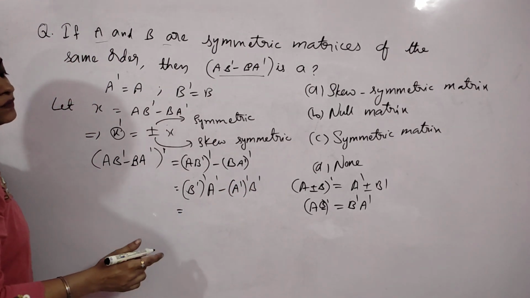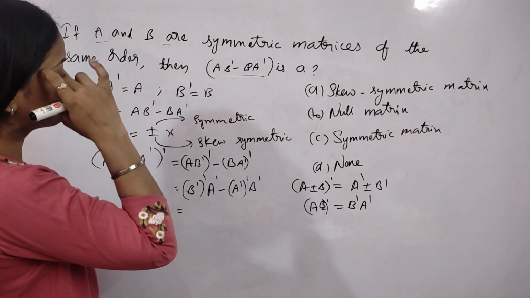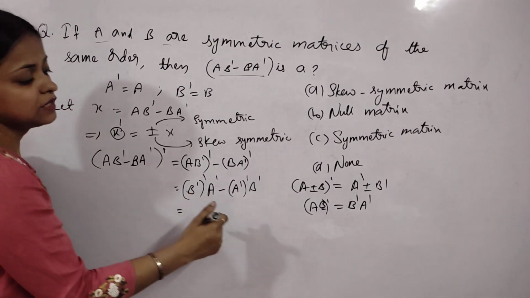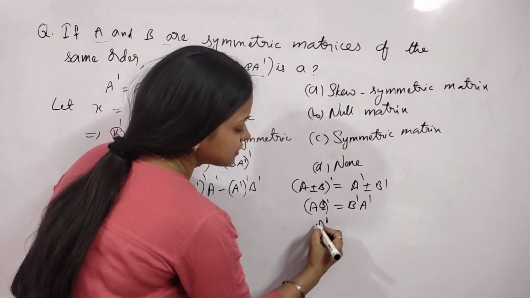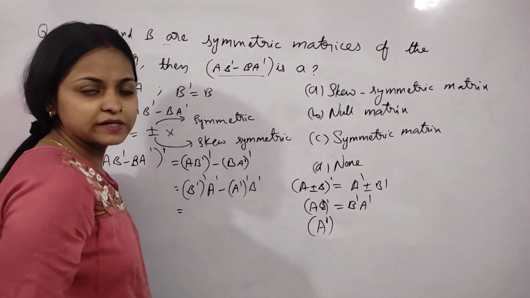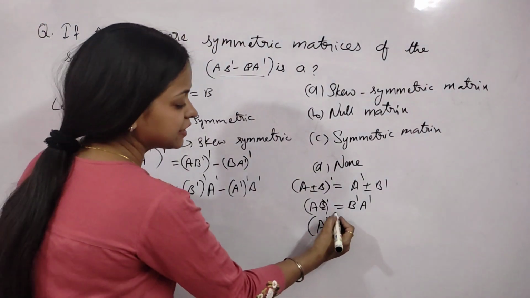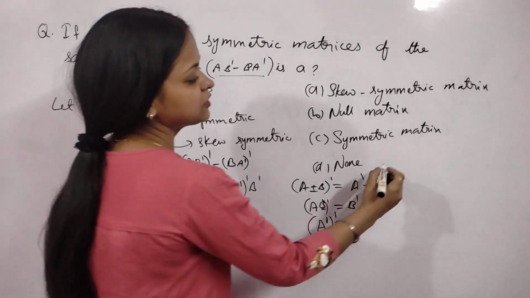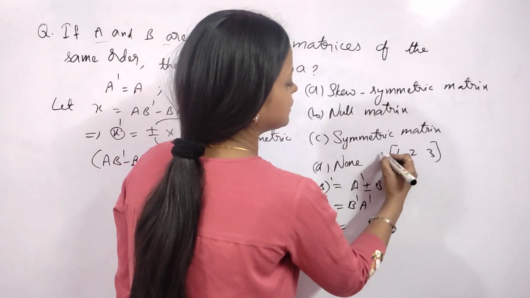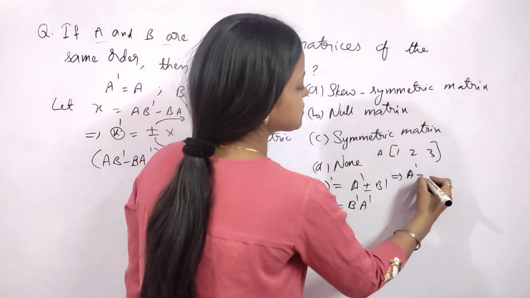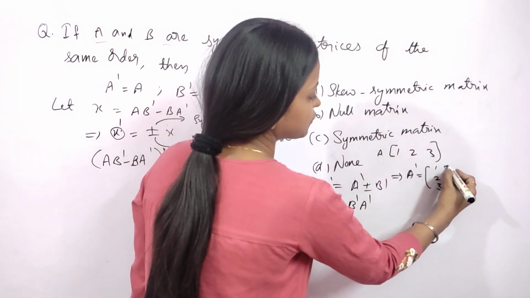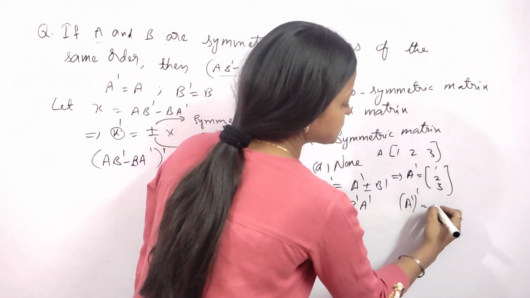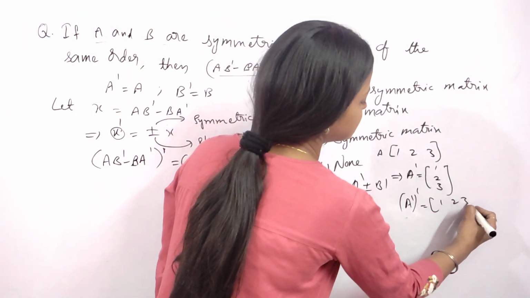Now another property we have is (A')'. If A is a matrix, and we take A' and again take the transpose, for example this is a 1 2 3 matrix, then one transpose converts the row into a column matrix, and if we transpose again, the column matrix converts back into a row matrix.